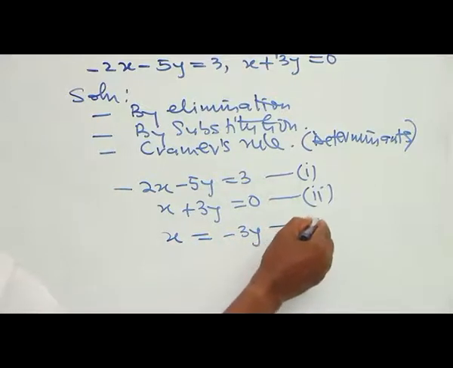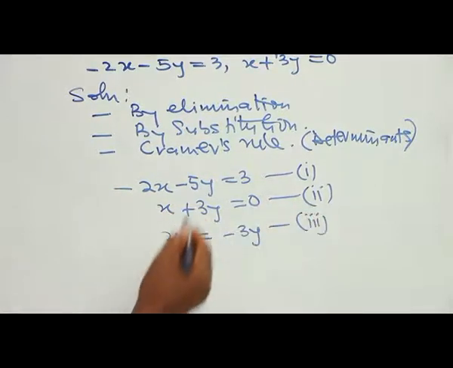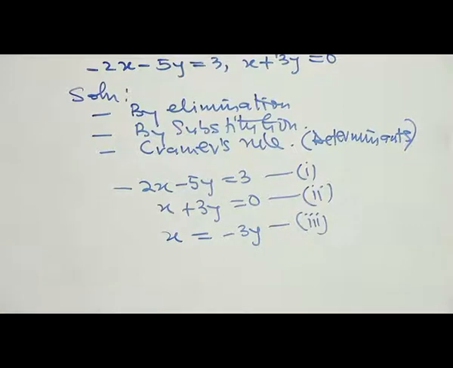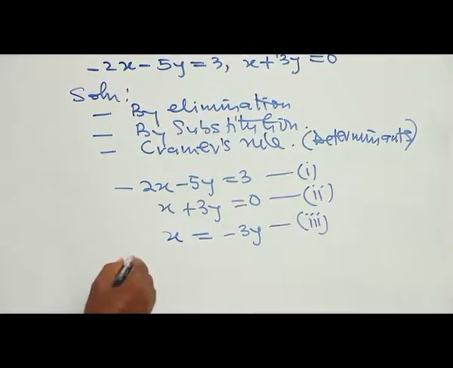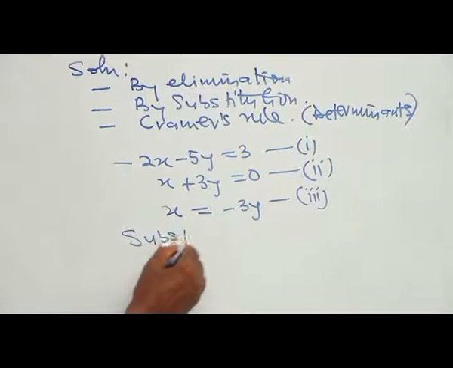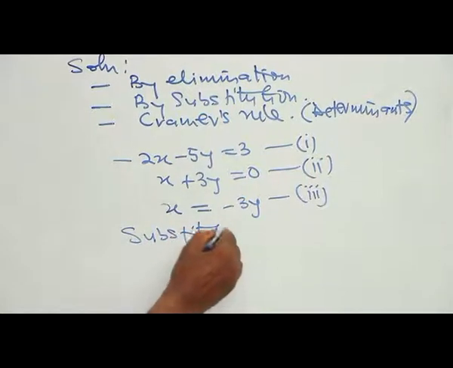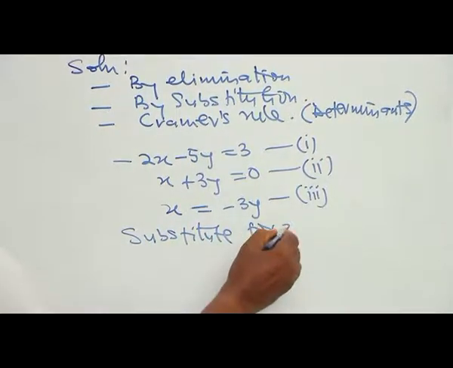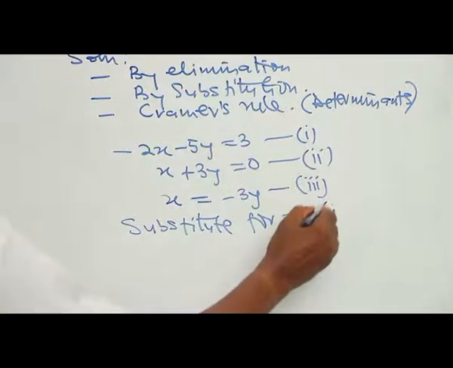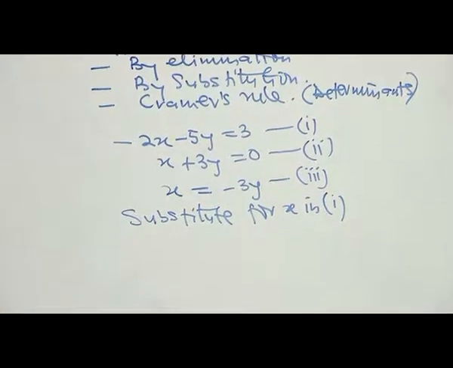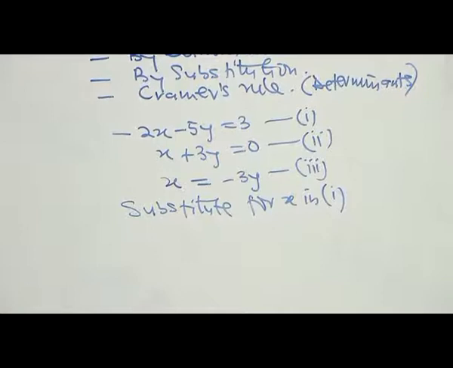You can call this a derived equation from equation 2 and call it equation 3. Now what do you do? You can now substitute for s in equation 1. So let's see how that is done. We substitute for s.